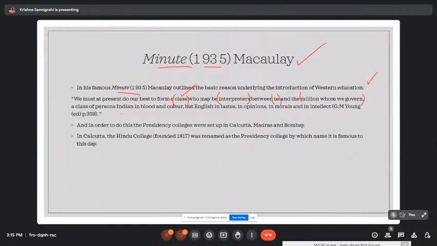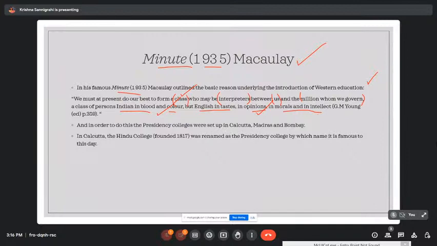A class of persons Indian in blood and color, but English in tastes, in opinions, in morals, and in intellect. So they would be Indian by birth, that is why the blood and color would be Indian, but English in taste, in opinions, in morals, and in intellect. So this was the main plan.